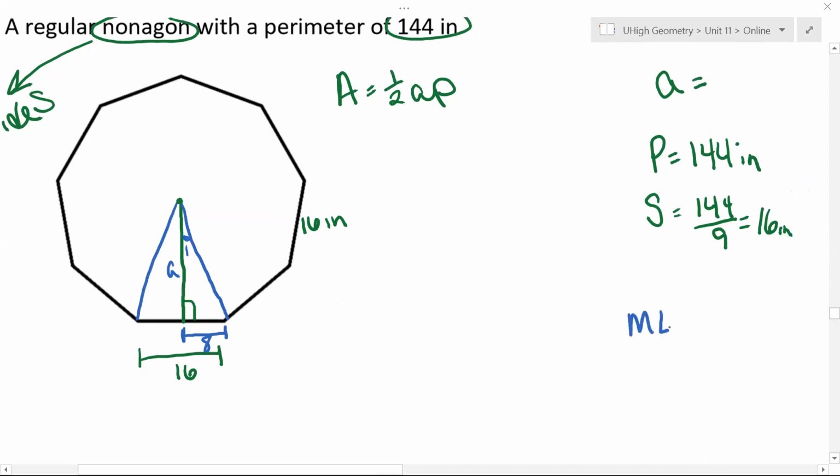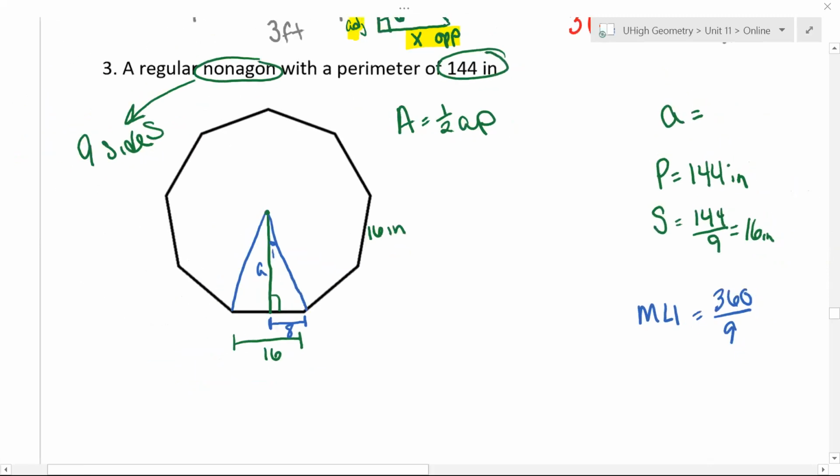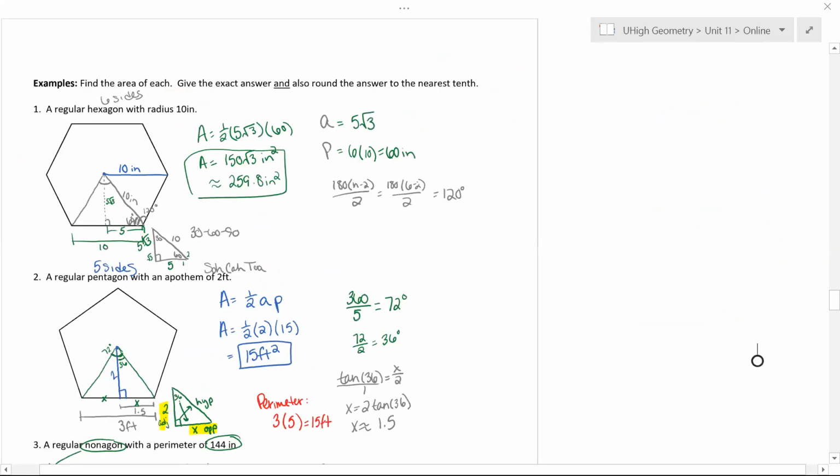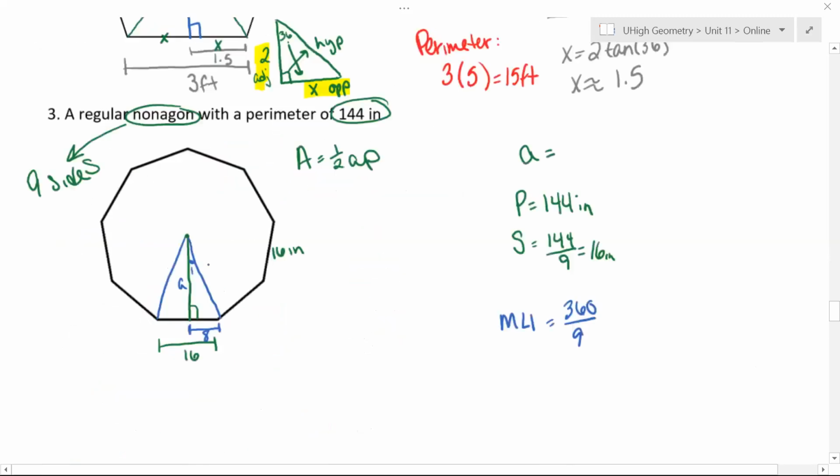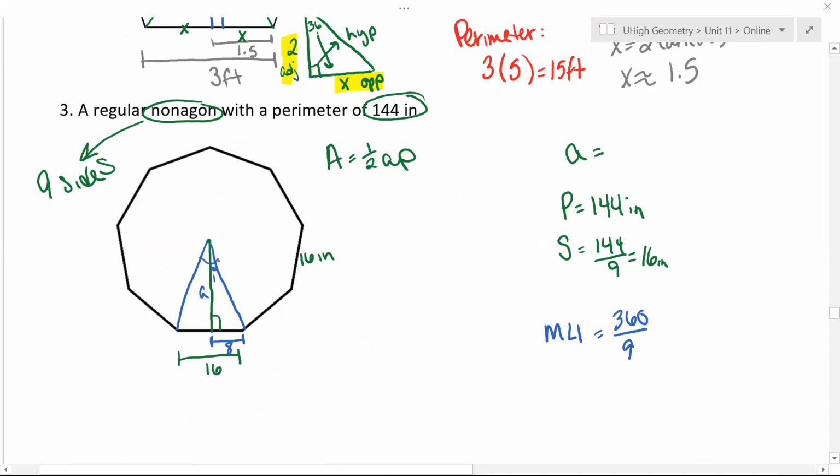So for the measure of angle 1, I could do 360 divided by my number of sides, which is 9. And that'll give me the whole angle measure here, so the big angle. So I'm going to have to divide it by 2 to get the measure of angle 1.